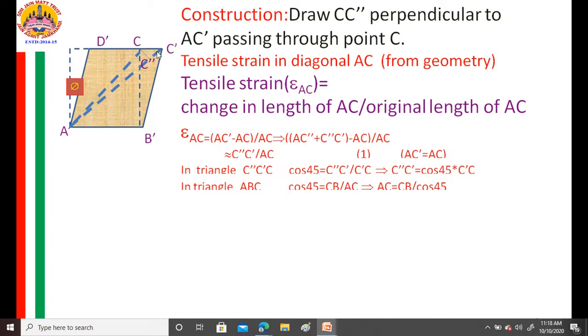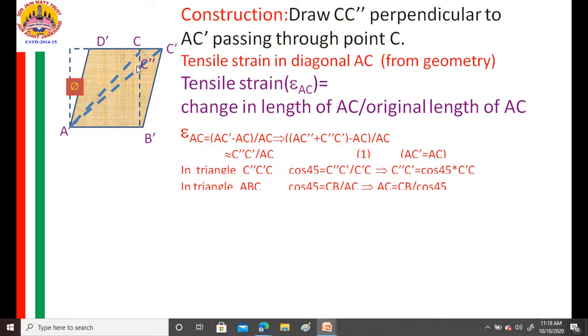Therefore, cos of 45, I can write as C dash C double dash divided by C dash C. Therefore, I will get C double dash C dash equal to cos of 45 into C dash C. In the same way, if I go for this big triangle ABC, as this is the diagonal, this angle is 45 degrees.